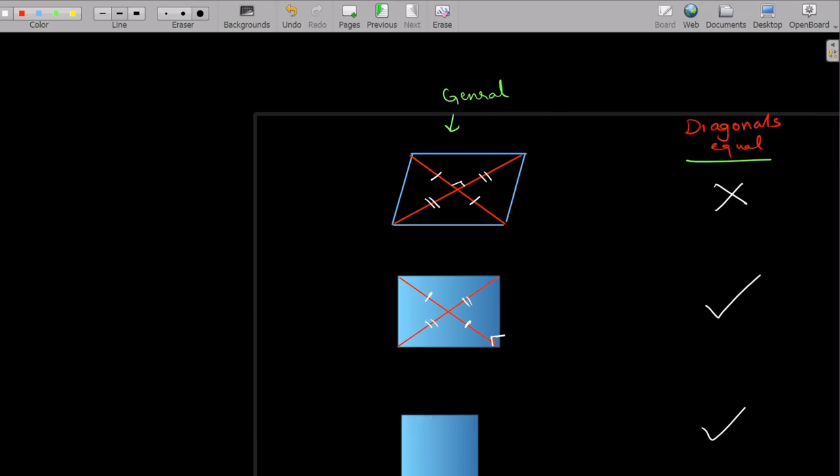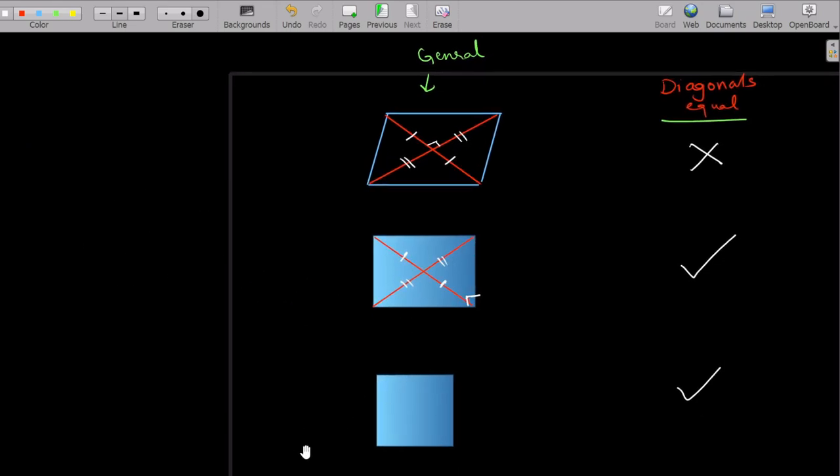Okay, so what's the area of a parallelogram in general? I forgot the formula. Okay, do you know the formula for a rectangle?